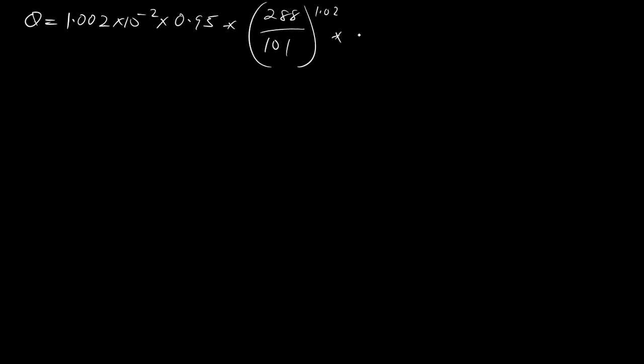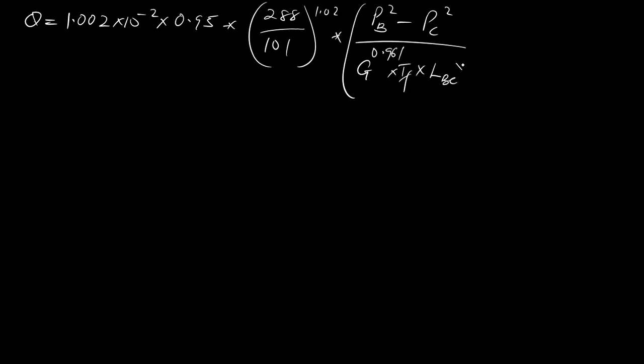The flow rate is equal to 1.002 times 10 raised to power minus 2 times E, which is 0.95, times 288 divided by 101 raised to power 1.02 times (PB squared minus PC squared divided by G raised to power 0.961 times TF times LBC times Z), all raised to power 0.51, times D, which is 380 raised to power 2.53.